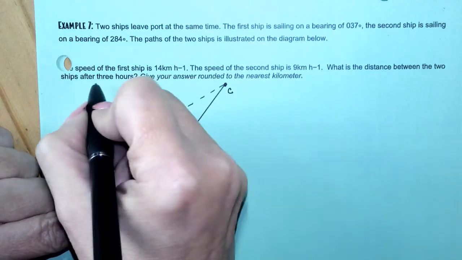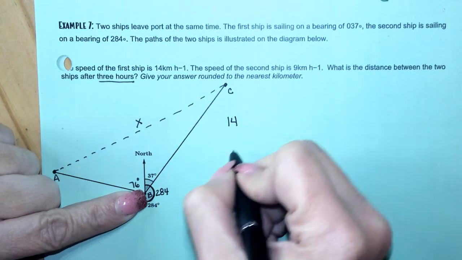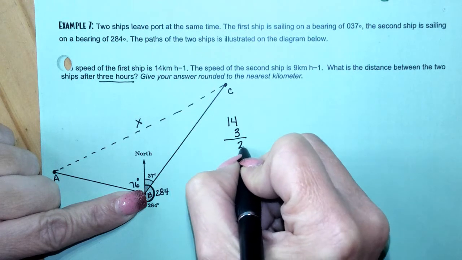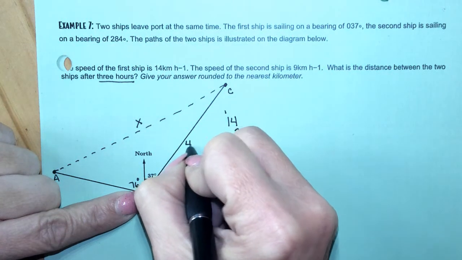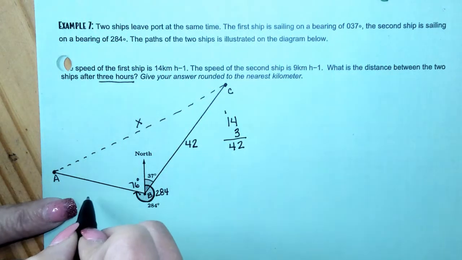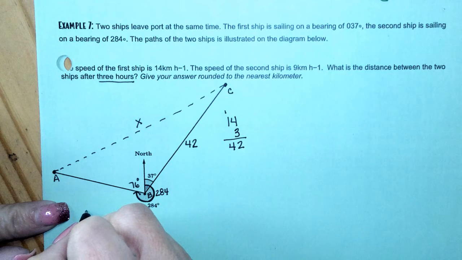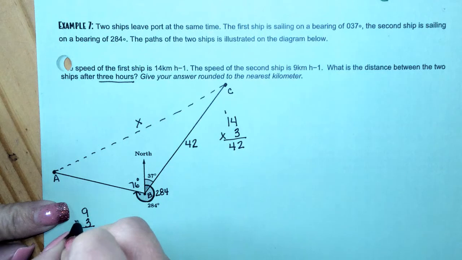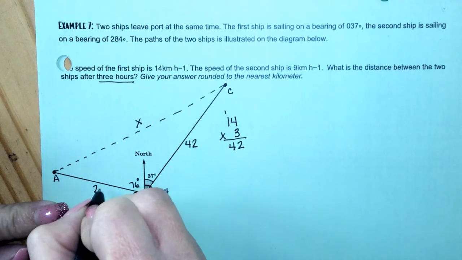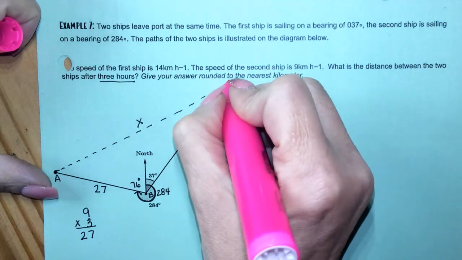So if he's going for 3 hours at 14 kilometers per hour, he's going to go 42 kilometers. This guy over here was going 9 kilometers per hour for 3 hours. So couldn't I say 9 times 3? I'm going to put a little times right there so you know what I'm doing. Is 27. So this is 27. Interesting. I'm going to highlight something on here. Hopefully you're already seeing it.